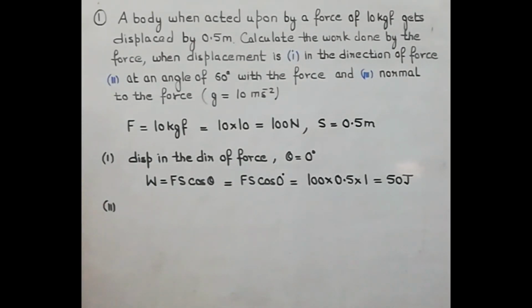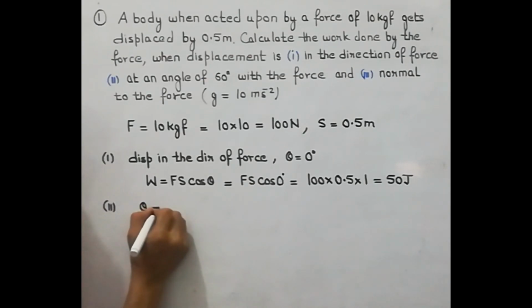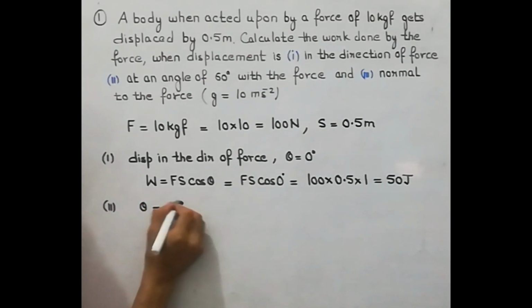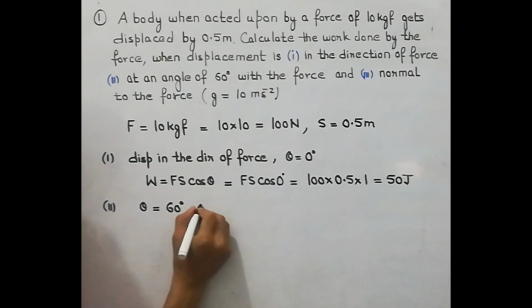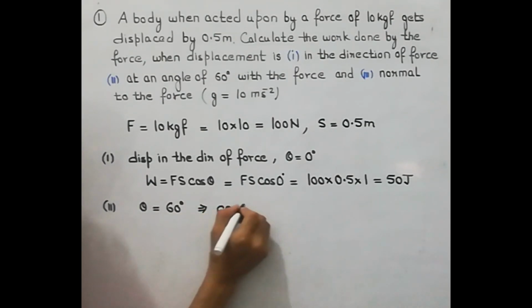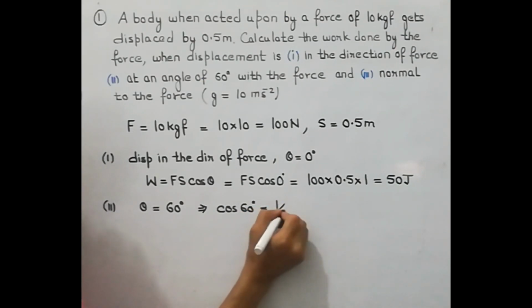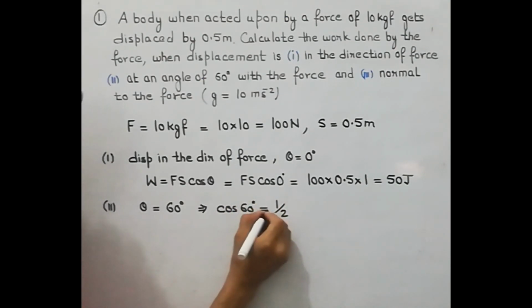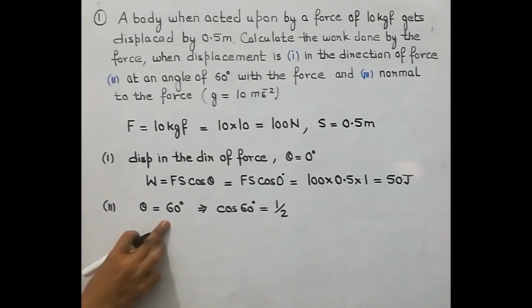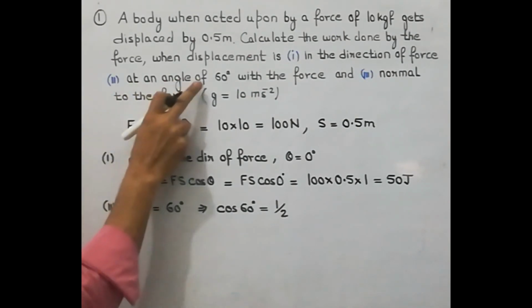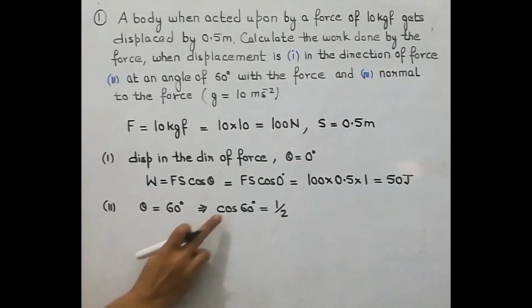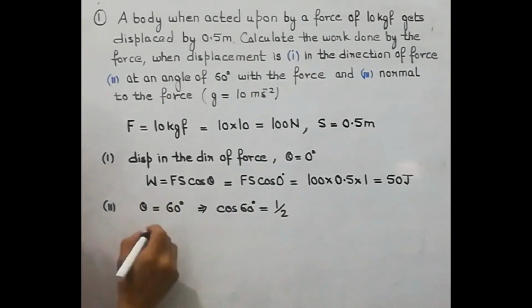Now in the second part we are saying it is making an angle of 60 degree with the force. So theta is 60 degree, and here you must remember that cos 60, its value is half. So let's calculate the work done.